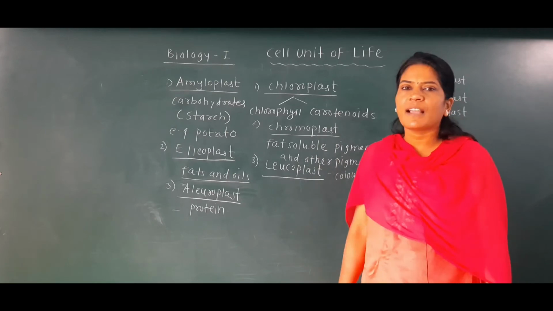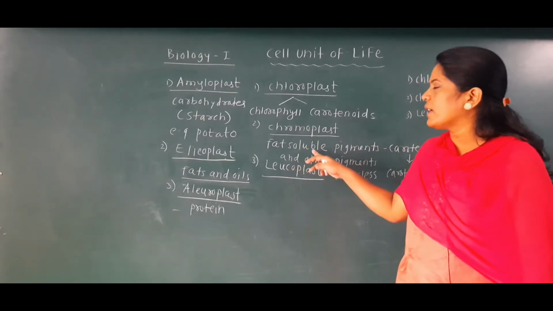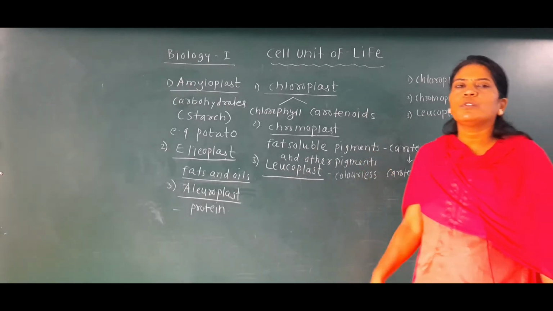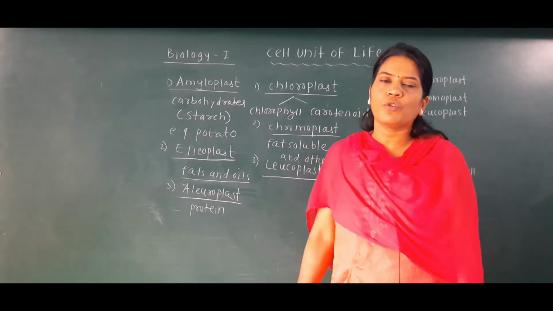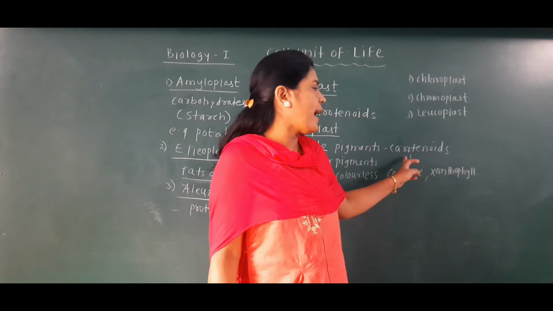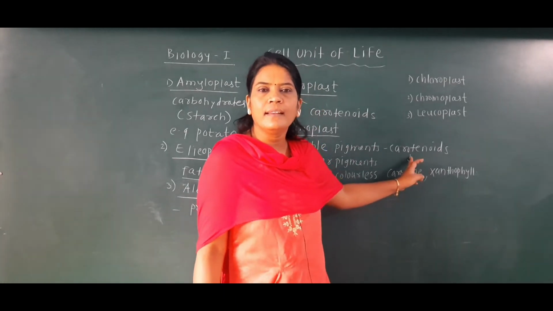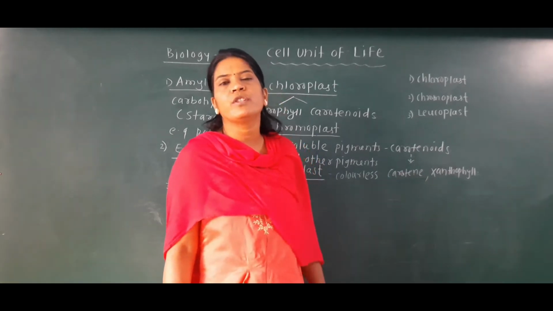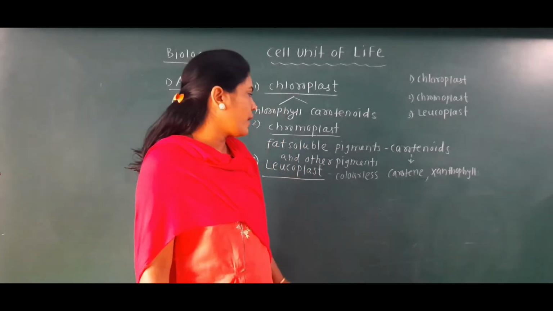Then chromoplast is another type of plastid which contains fat soluble pigments called carotenoids, and these carotenoids are of two types: carotene and xanthophyll.